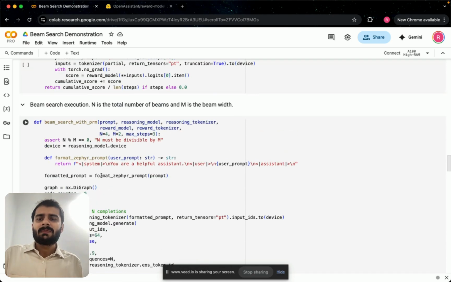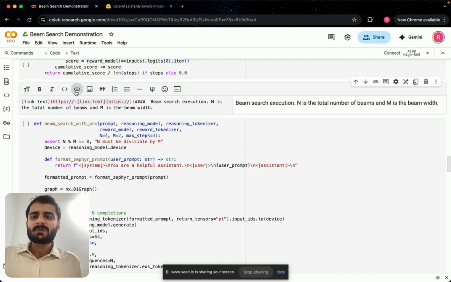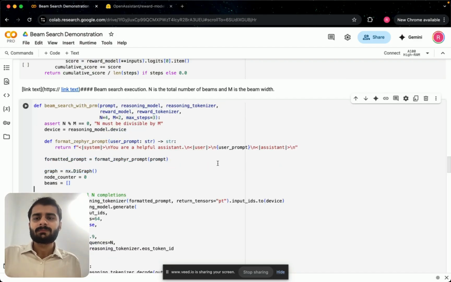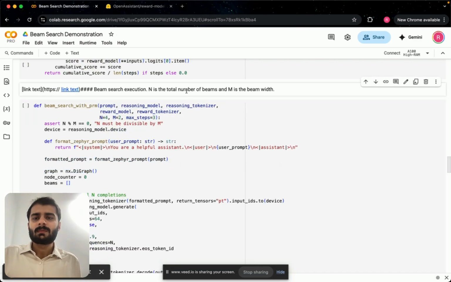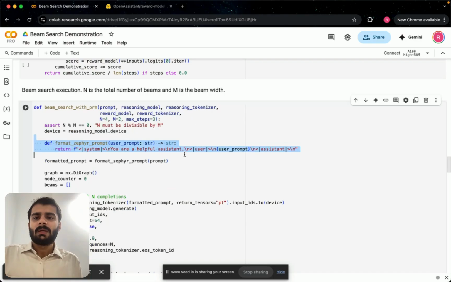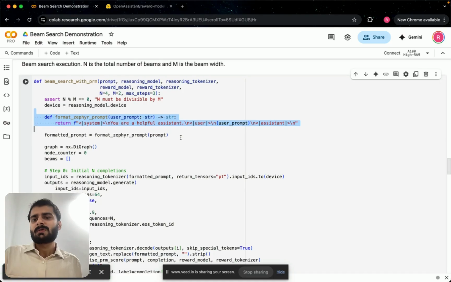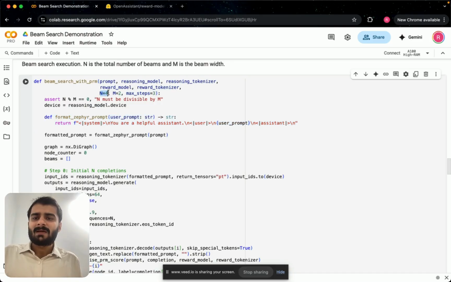This particular block of code is used to actually write the beam search algorithm. So here I have the same notation. I have n for the total number of beams, and m for the beam width, and the maximum steps, which are the different layers, are three here.